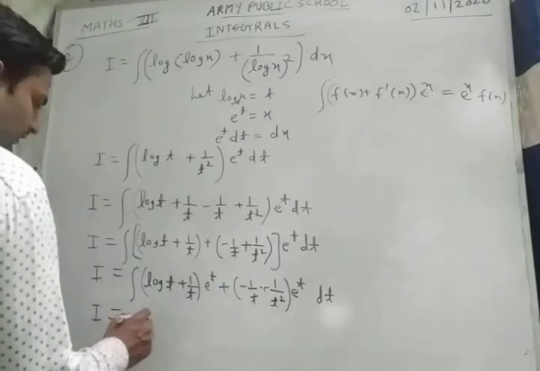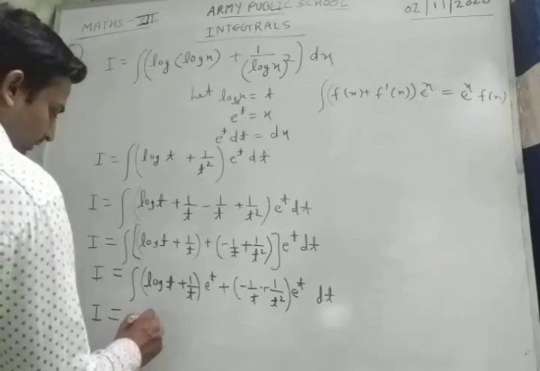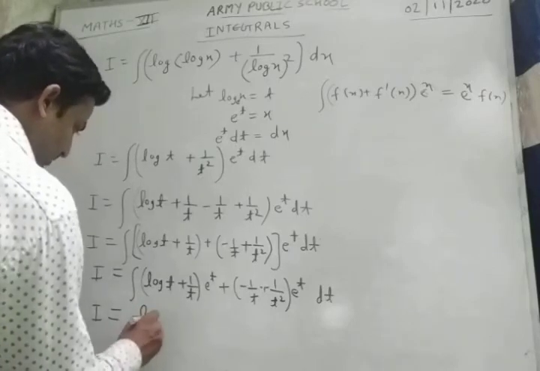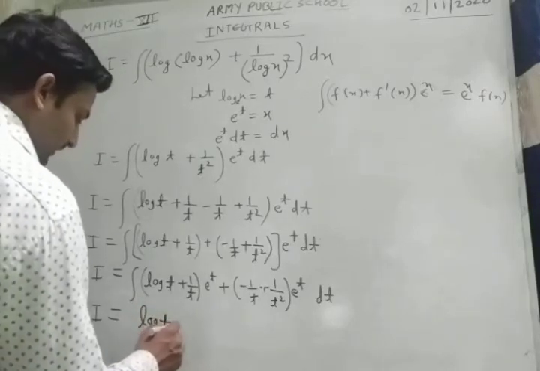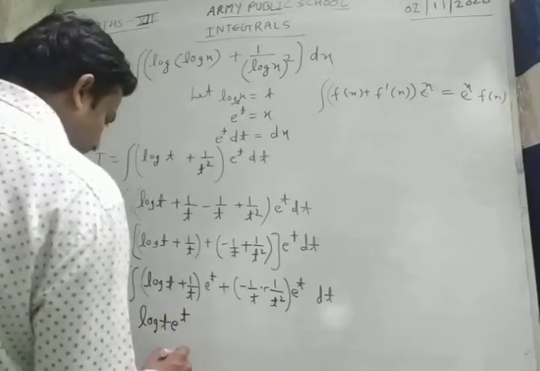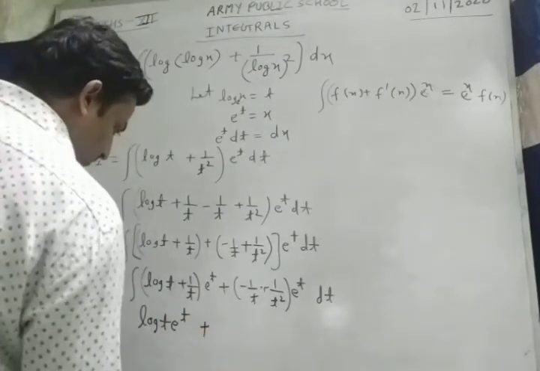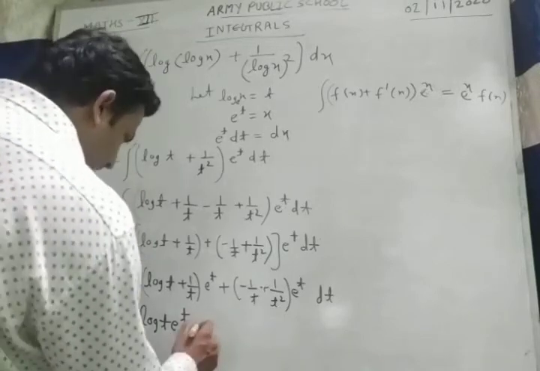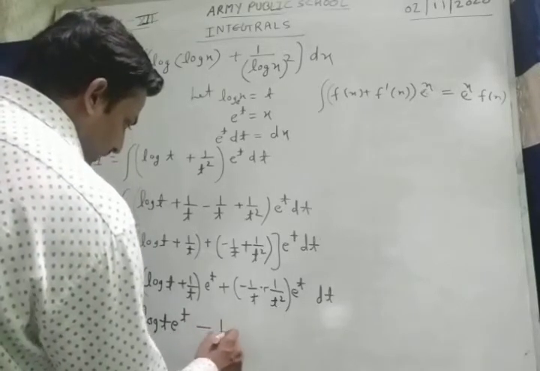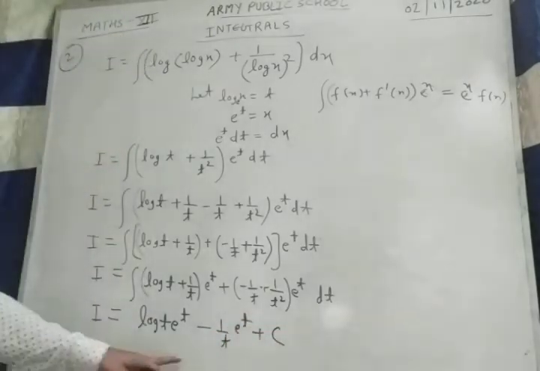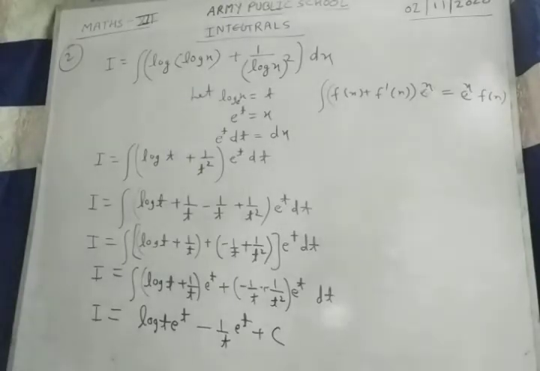Here after integration we get log t e to the power t, and here minus 1 by t e to the power t plus c. This will be our integration: log t e to the power t minus 1 by t e to the power t plus c.